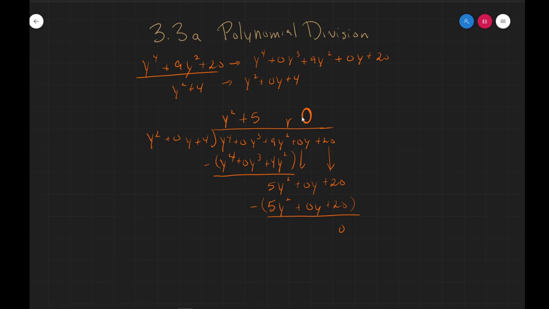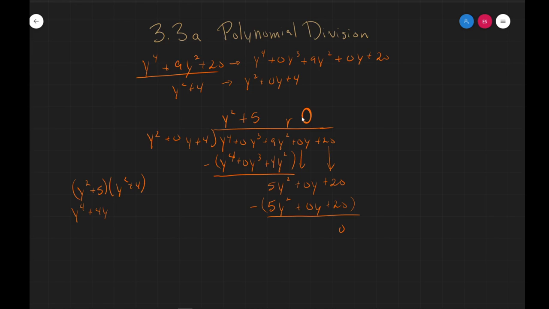So if we take y squared plus 5 and multiply that by y squared plus 4, and then we add 0 to it, so I'm just not going to write it down. If we multiply these two things together, we get y squared times y squared is y to the fourth. Y squared times 4 is plus 4y squared.